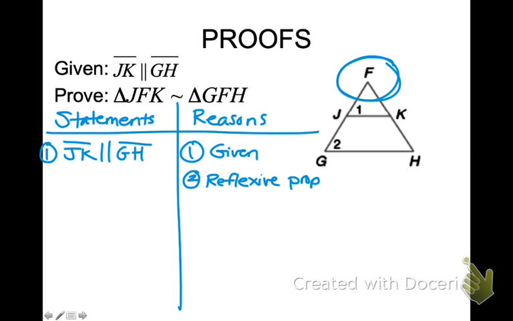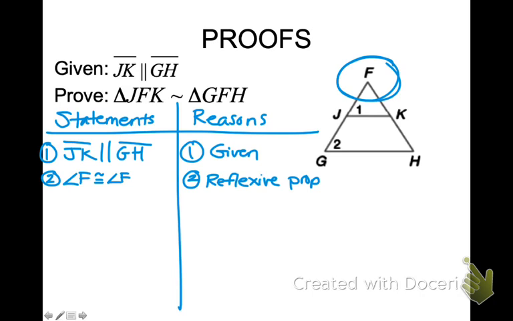So they both would have F in common. So line 2, statement-wise, would say angle F is congruent to angle F. I can just use one letter because there is only one angle occurring at F. Unlike our vertical angles where we had 4 different ones going.